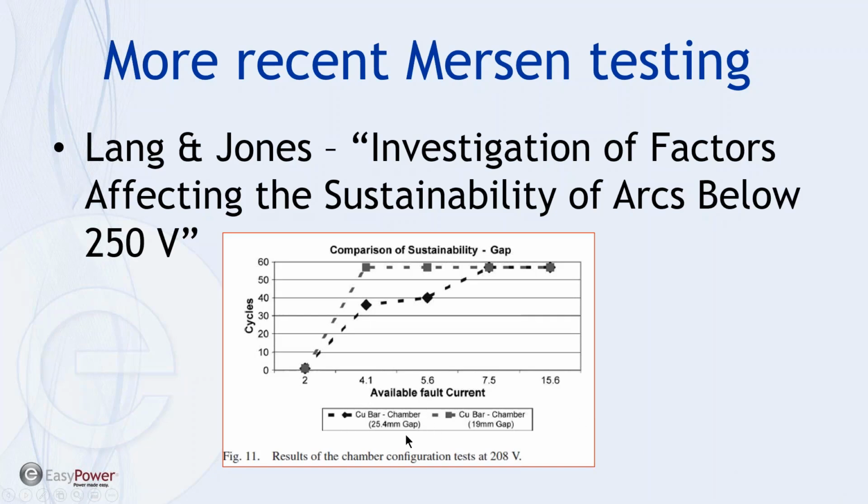Specifically, these tests were made at 208 volts, and they found that below 2,000 amps, horizontally, is the available fault current. Below 2,000 amps, the arc could be established, but it wouldn't sustain itself for even 10 cycles, let alone a second or 2 seconds.